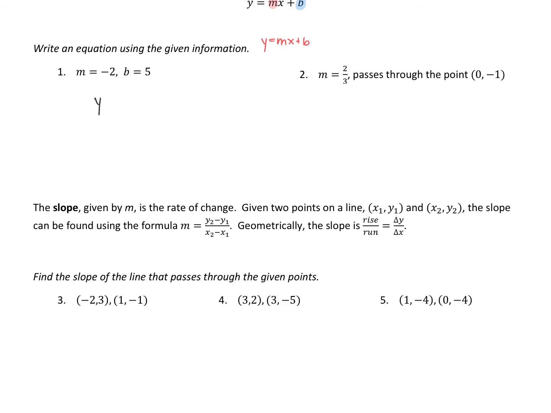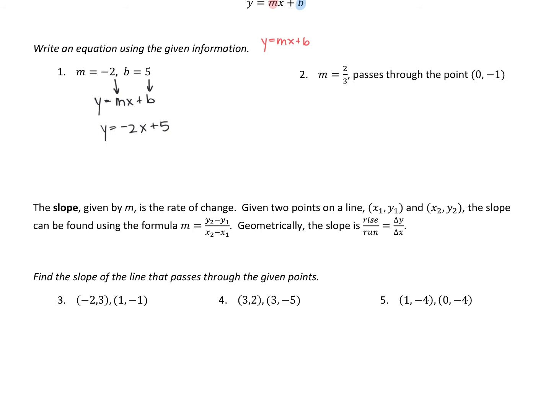So you can write y equals mx plus b, and you're just going to fill in the numbers. M is -2, b is 5. So y equals -2x plus 5. That's it. If they give you the m and the b, it's very easy to write an equation. That's the gold standard, the best thing they could possibly give you.